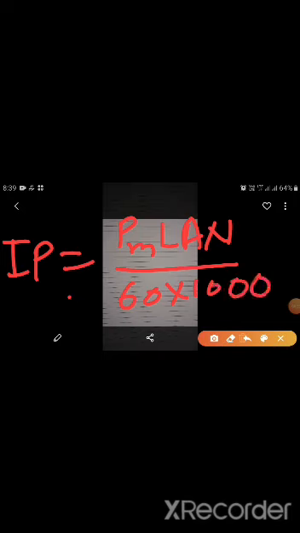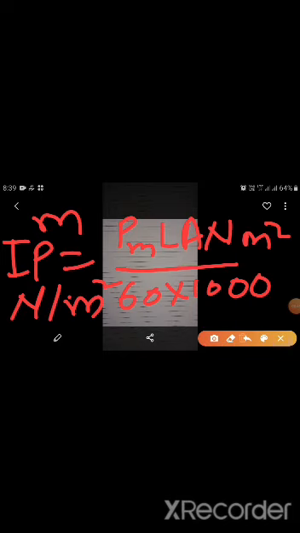Here 1000 makes watt into kilowatt, and 60 makes revolutions per minute into per second. Again PM is substituted in Newton per meter square, L in meter, A in meter square, and N in RPM. So this is the IP formula for 2-stroke engine.